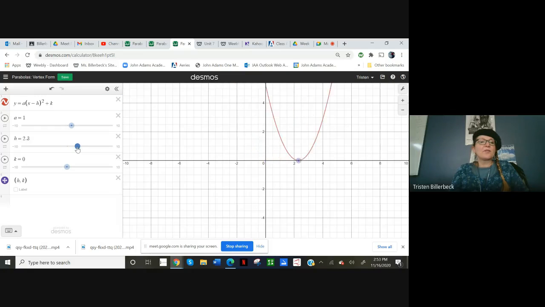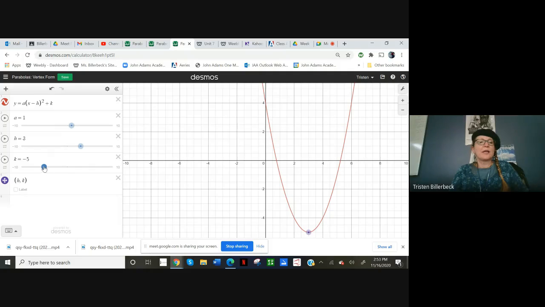If I want to change this up and put this at 3 and then make my k 2, there you go. So my vertex is there. So the only thing it's doing is changing where the vertex is by changing h and k.